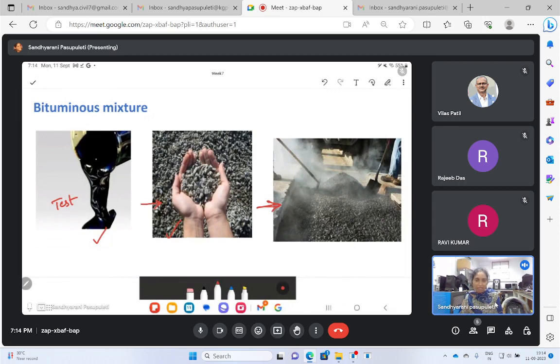Once we have prepared the bituminous mixture, we create specimens using this mixture. Then we subject the specimen to particular loading conditions. Those loading conditions are the test conditions corresponding to the conditions we are going to experience in the field or pavement.